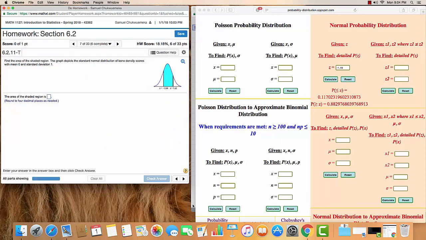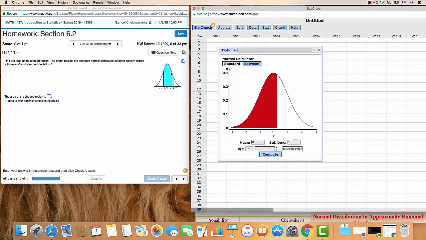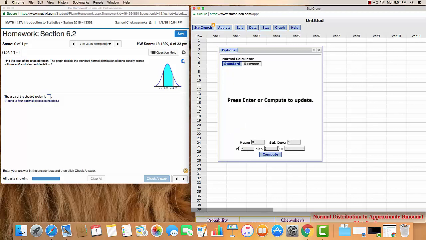Question 7, StatCrunch. Now this is between. So just press between right here. And this is the standard normal distribution table. Mean is 0, standard deviation is 1. So just put -0.86.